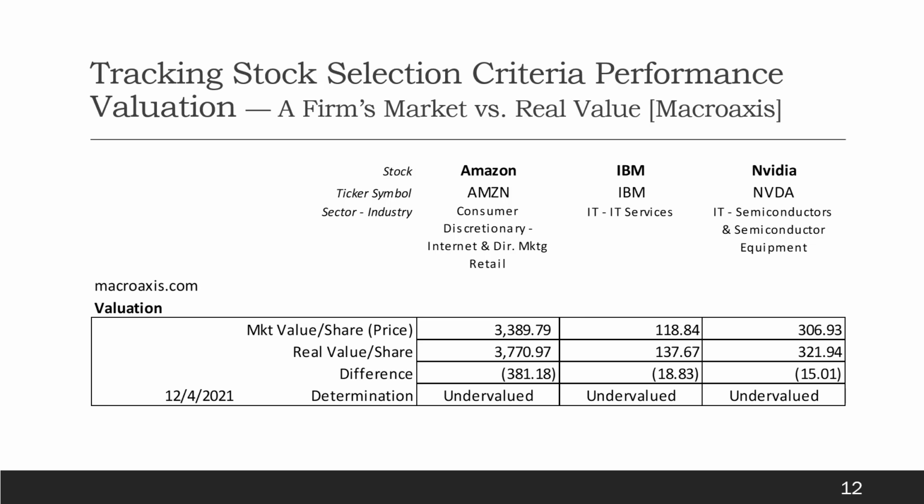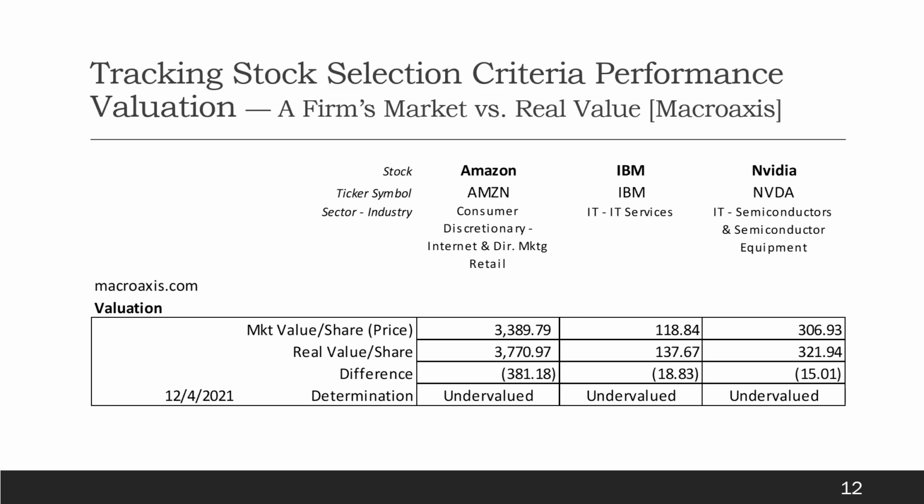On December 4th, 2021, Amazon was valued by the stock market at a price of $3,389.79 per share. Since MacroAxis arrived at a per share real value that was higher than that, $3,770.97, it is making a case that Amazon was undervalued by $381.18 per share.